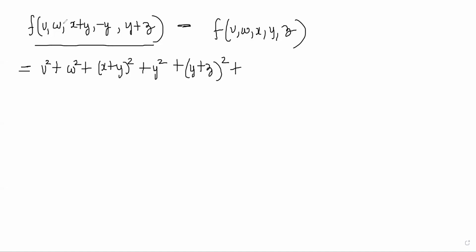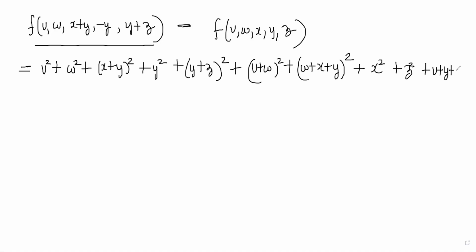Now I have to take the sum of the terms two at a time, right? So (v plus w) square plus (w plus x plus y) square plus (x square plus z square) plus (v plus y plus z) whole square.